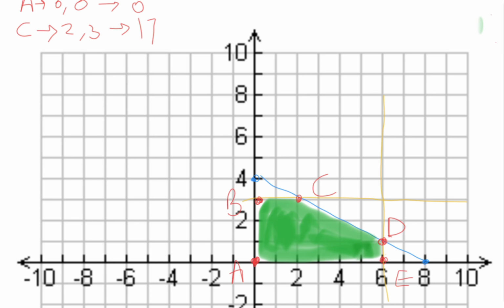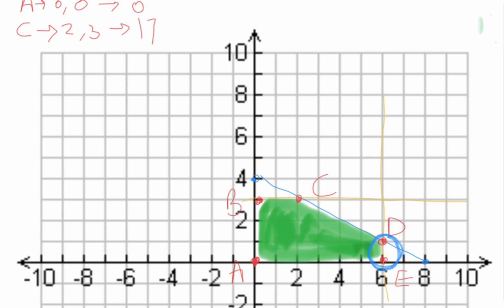Come to point D and E. Similar to point B and C, we can compare points D and E here. You would notice that for the same level of x1, which is at 6, point D gives more x2 than point E. I'll therefore skip the calculation of profit at point E because point D will obviously give us a larger profit.